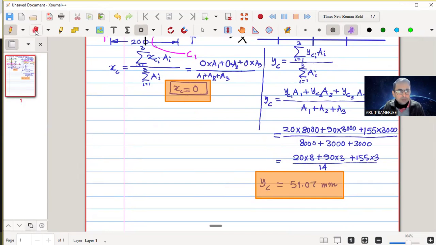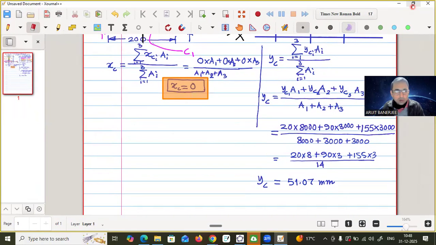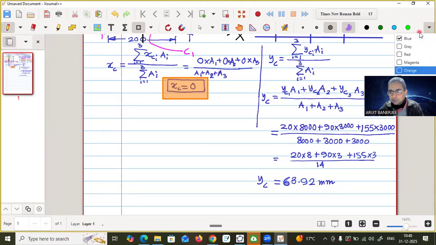Let me correct. 63.92 mm. Okay. So this is 63.92.